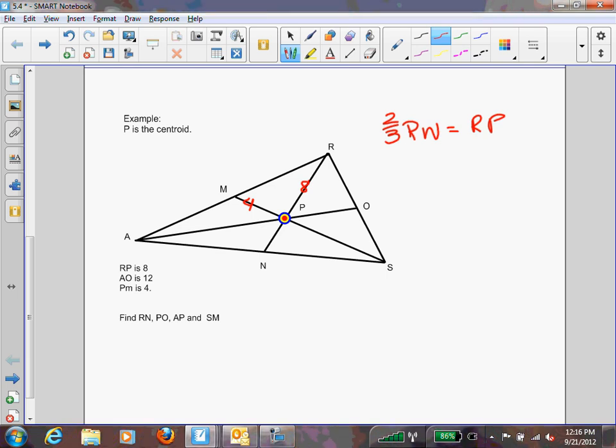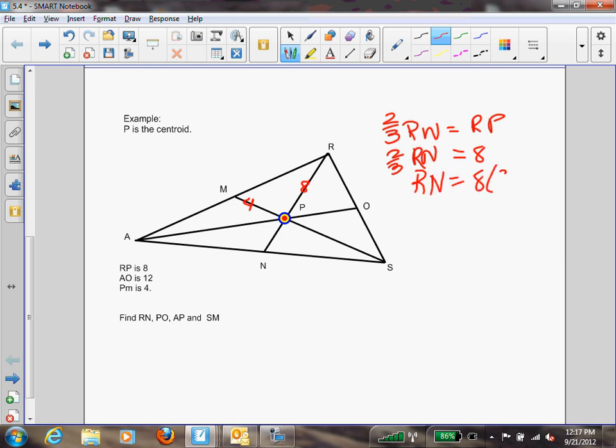So what part am I given? So 2/3 RN equals 8. How do I get rid of the 2/3? Multiply by the reciprocal. So RN is equal to 8 times 3/2, which is 12. You following my algebra?